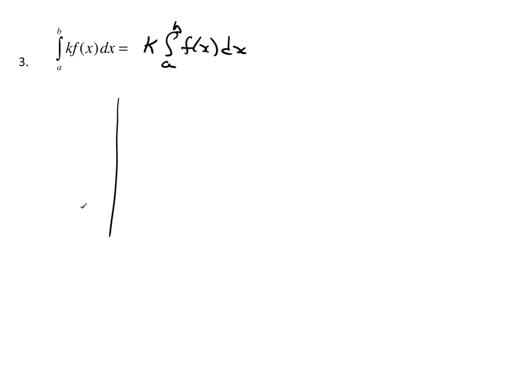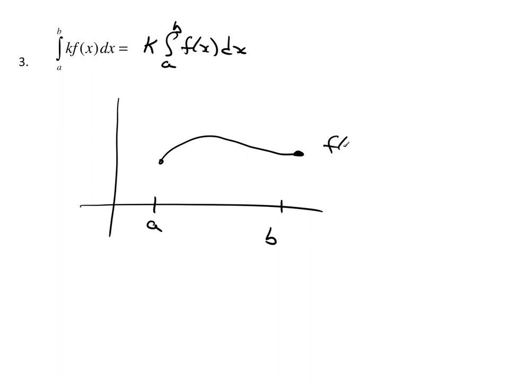Now, in terms of a picture, this kind of makes sense. If here I go from a to b again, so this is f of x. If I multiply f by k, where k is a real number, and actually I should say positive real number, because if I multiply by a negative, it comes down here and everything kind of changes. So I really should say k is an element of the positive reals.